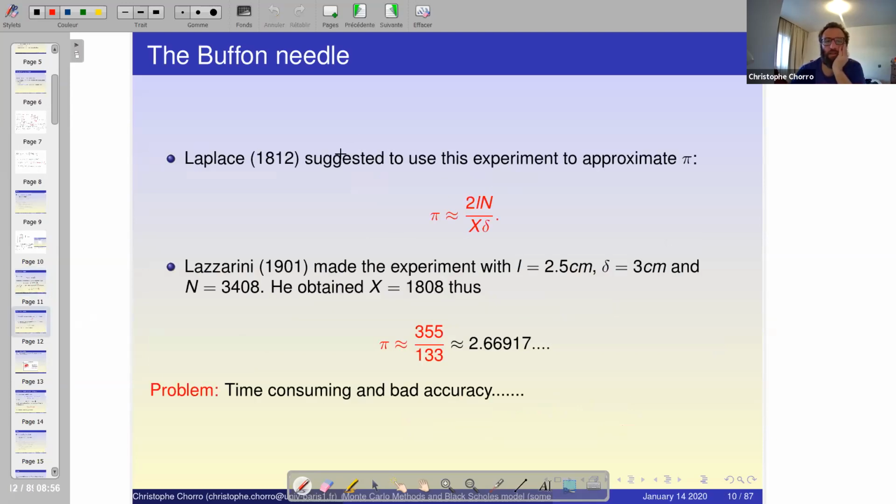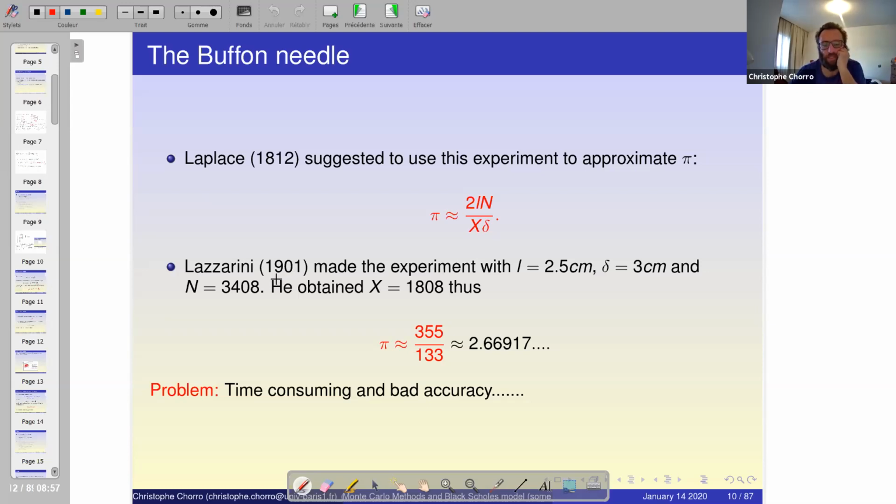In fact, in 1812, the French mathematician Laplace suggested using this experiment to approximate pi this way. There is a famous practical use of this experiment that was done by Lazzarini at the beginning of the 19th century.